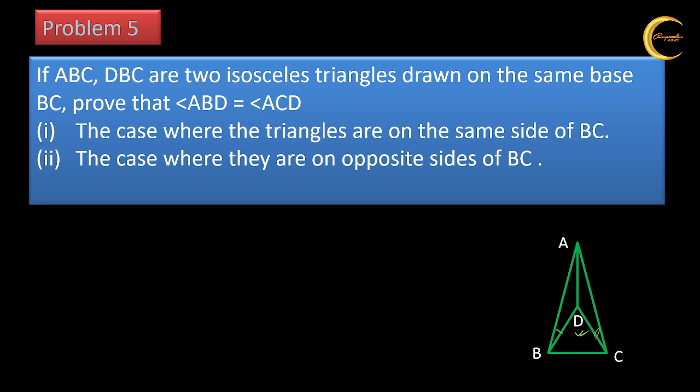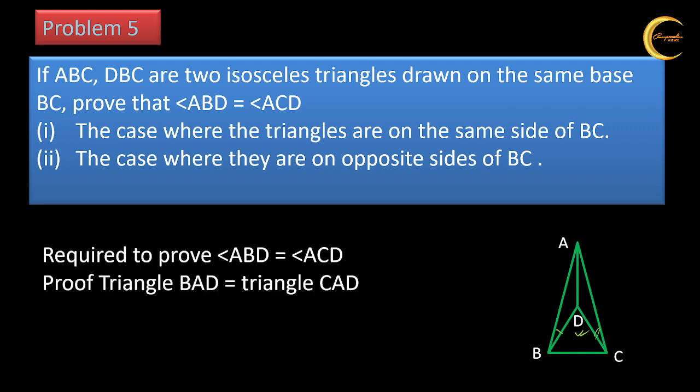So by theorems 6 and 7, I want to prove these problems. Now you see here, these are two triangles. This is triangle BAD, and another is triangle CAD. Okay.